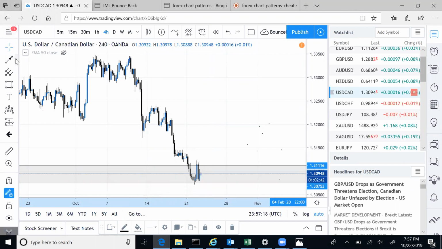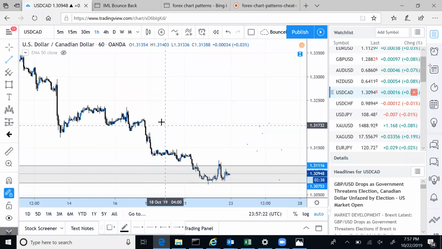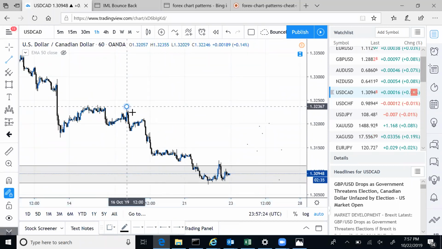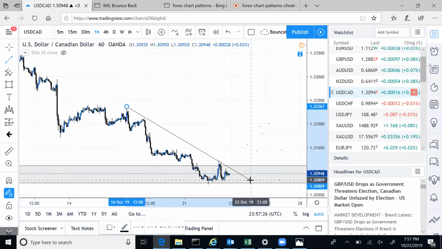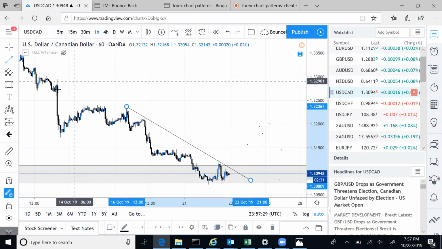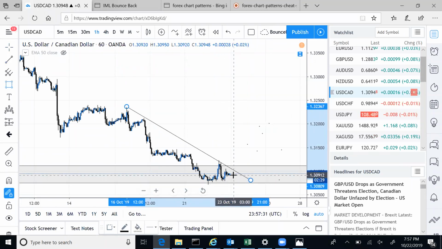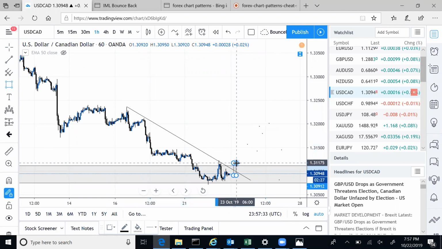So all you're going to do is come down to the 1 hour time frame, where you may be able to draw it better, draw your trend line, and wait for that break. The break could happen around here. If the break happens in this support-equals-resistance area, don't enter there.